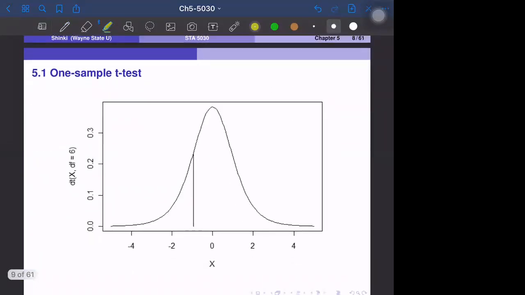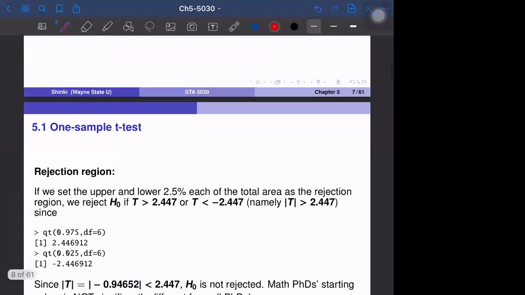And actually, if we see the negative 0.946, that value is actually in the very typical range of t-distribution with df 6. So that means the H naught is nothing wrong. So we don't reject H naught.